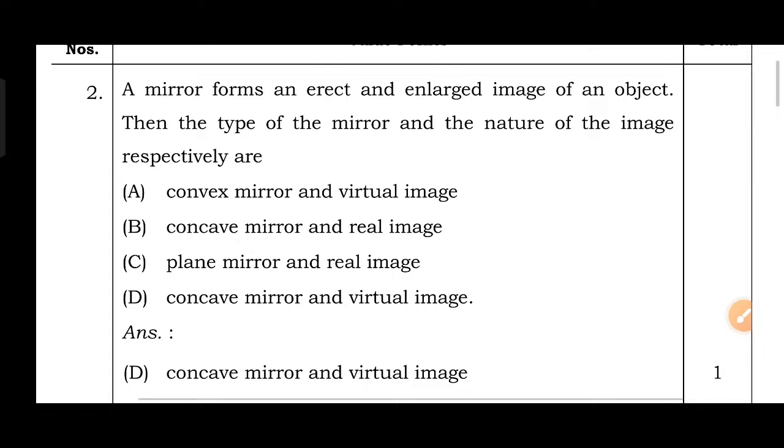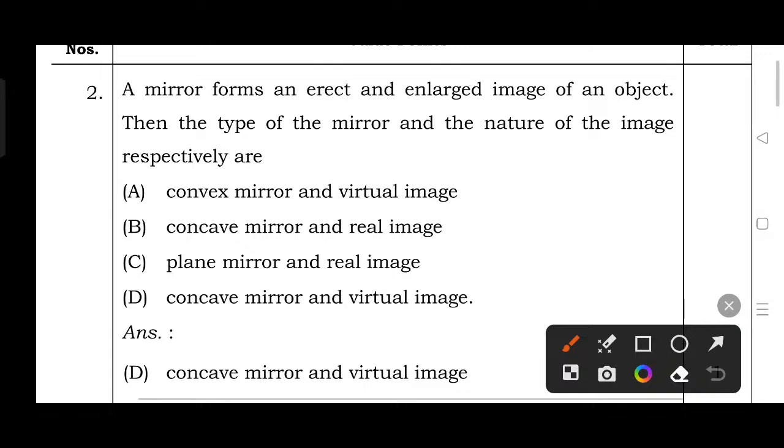But in case of a concave mirror, real and inverted images are there, except in one case: whenever the object is placed in between the principal focus and the pole of the mirror, the image is virtual and enlarged. That's why option D is the right answer.